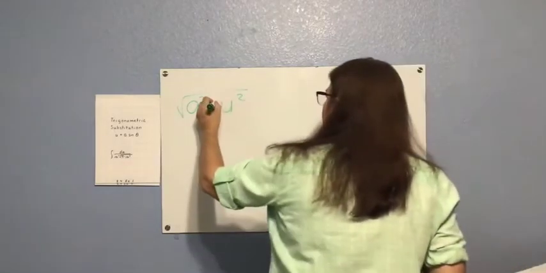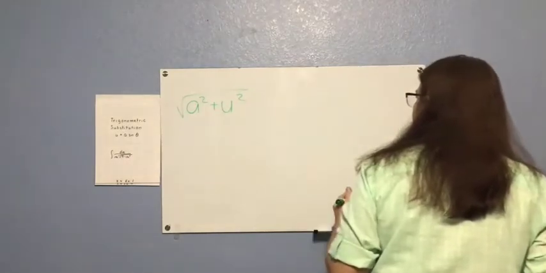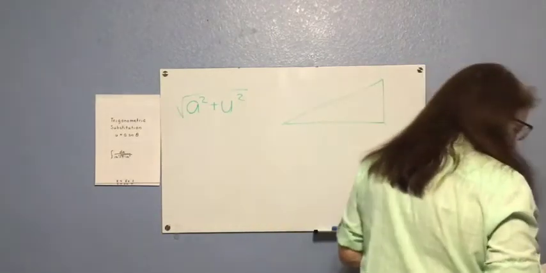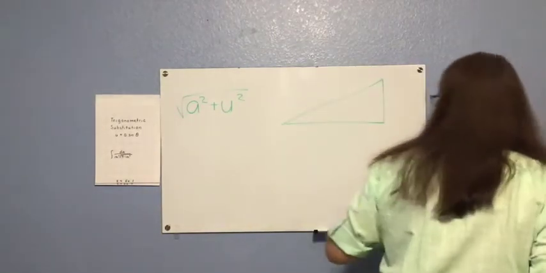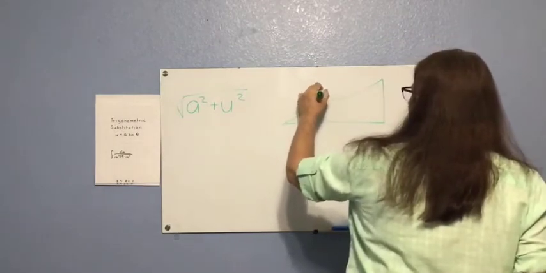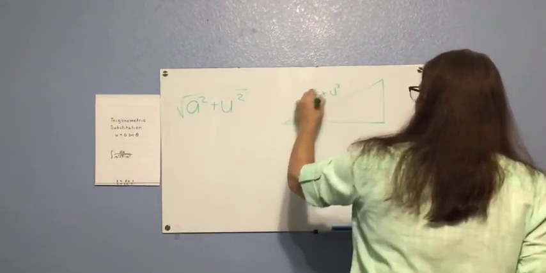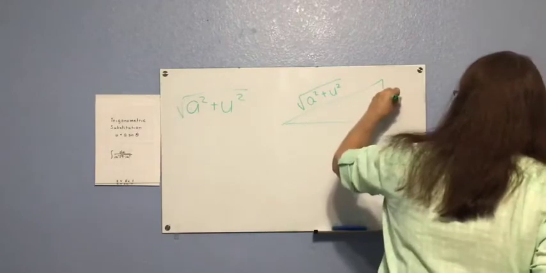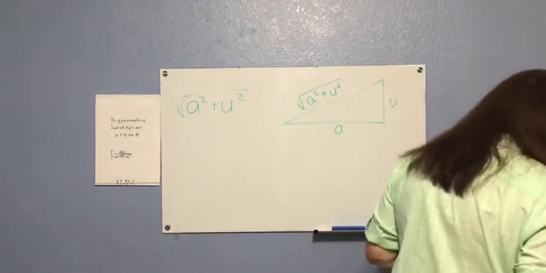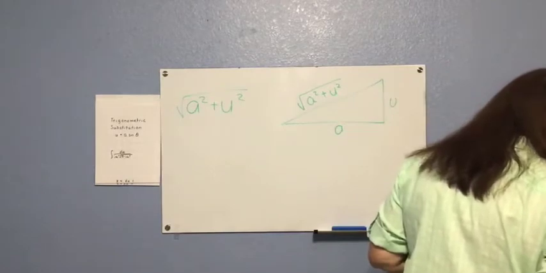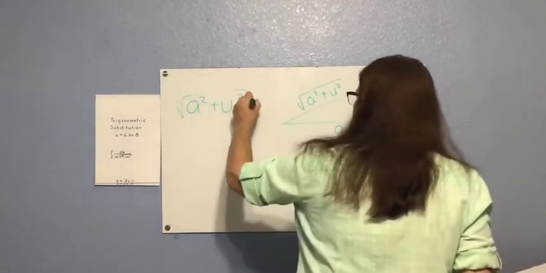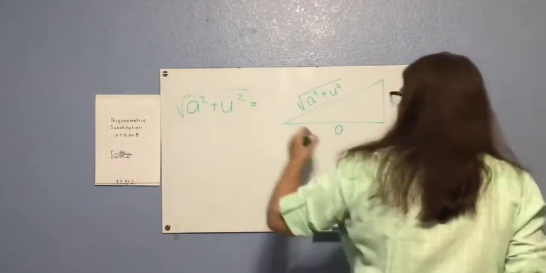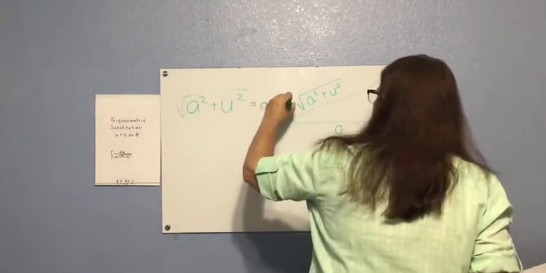If I had an integral with a squared plus u squared in the radical, I could let this hypotenuse equal that amount. And then this side would be u, this side would be a. And then the radical of a squared plus u squared would equal a secant theta.